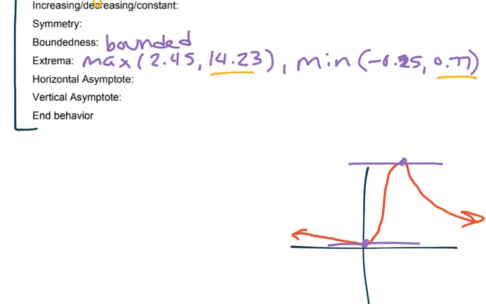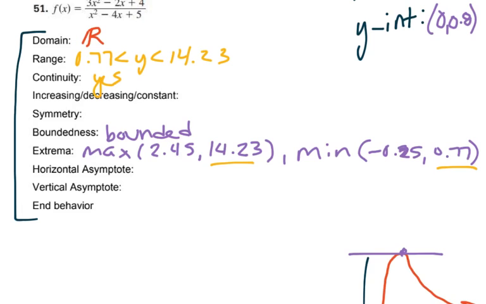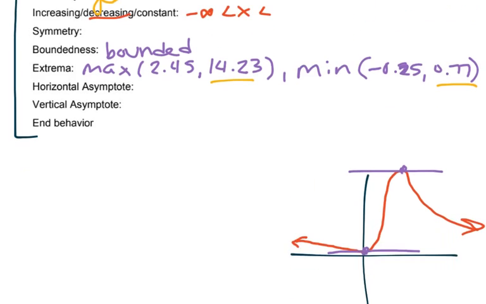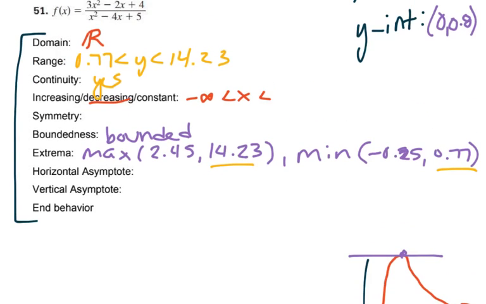It is decreasing from negative infinity to this first minimum point, which is at negative 0.25. And it's also going to decrease from that maximum point of 2.45 to infinity. Just kind of squeeze that in there.